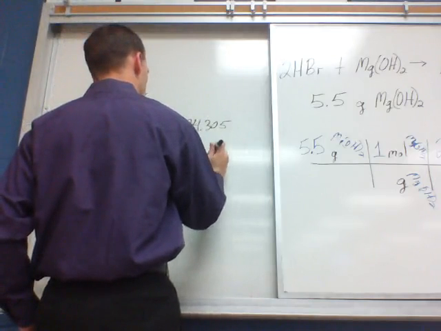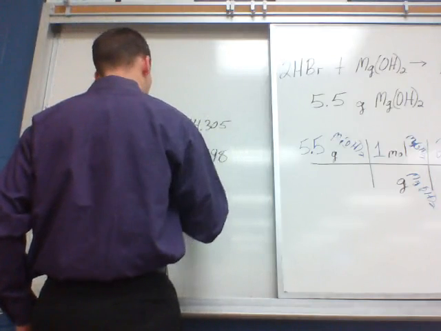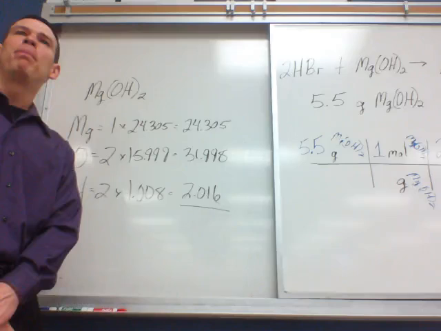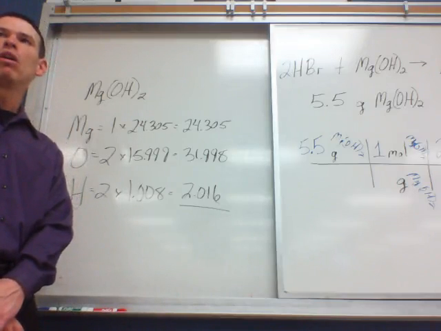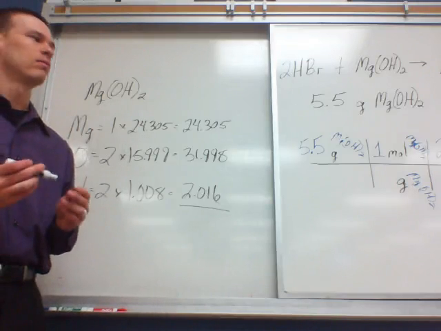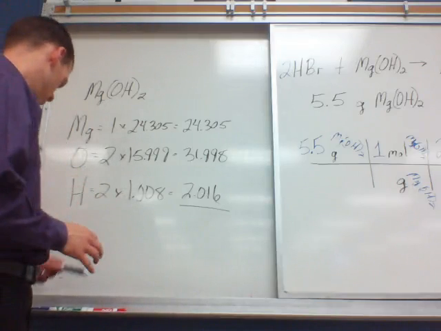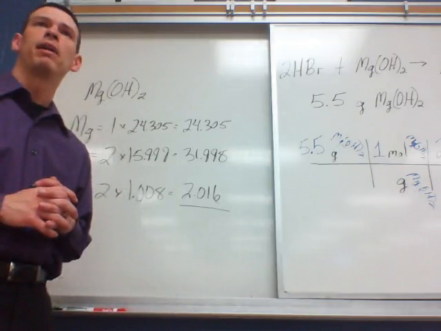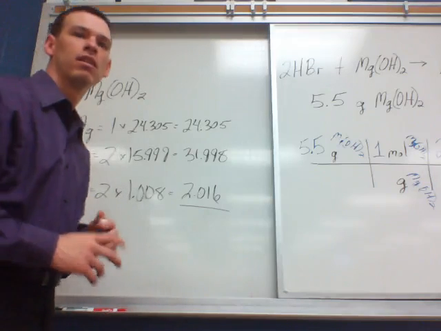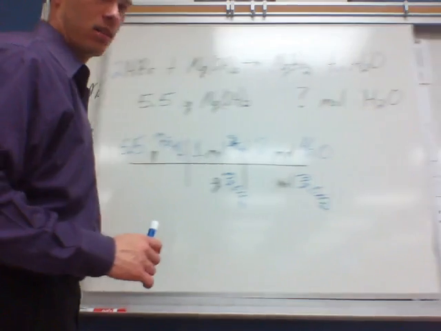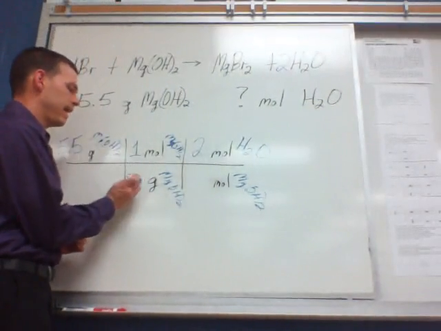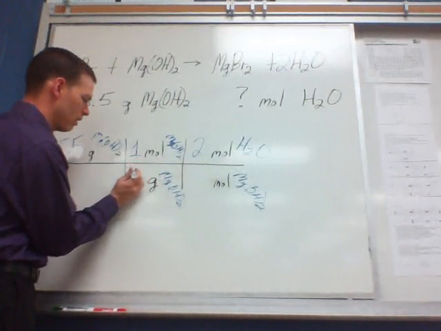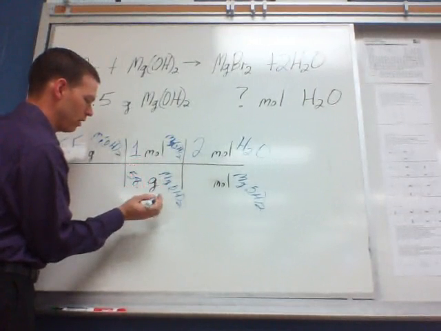Oxygen will turn into 31.998. Hydrogen 2.016. And by adding up the parts, we can get the whole. Somebody give me that value. 58.319. Anybody argue that? The PT of MgOH2 is, say it again, 58.319.